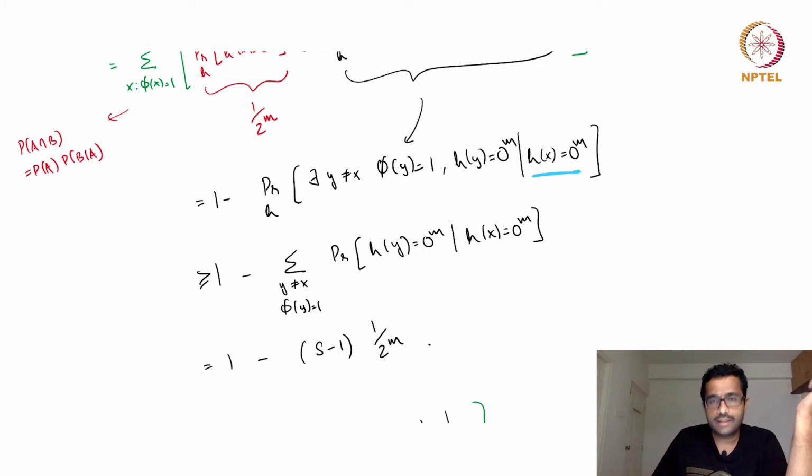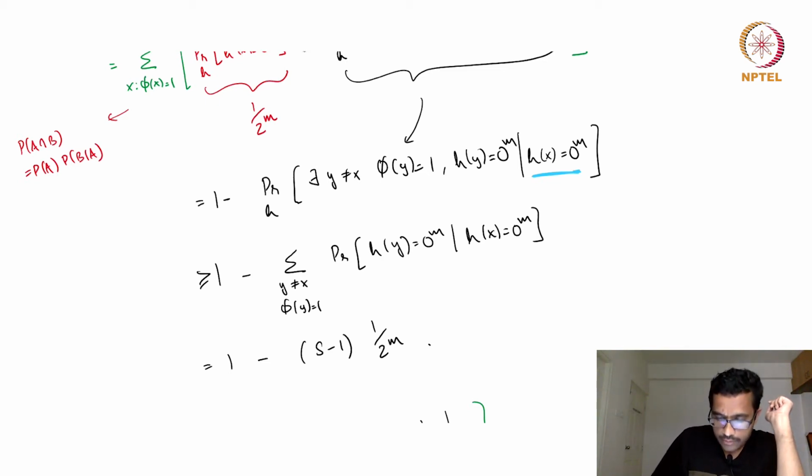The union bound is an upper bound, but we have a negative sign here, so it gives a lower bound.